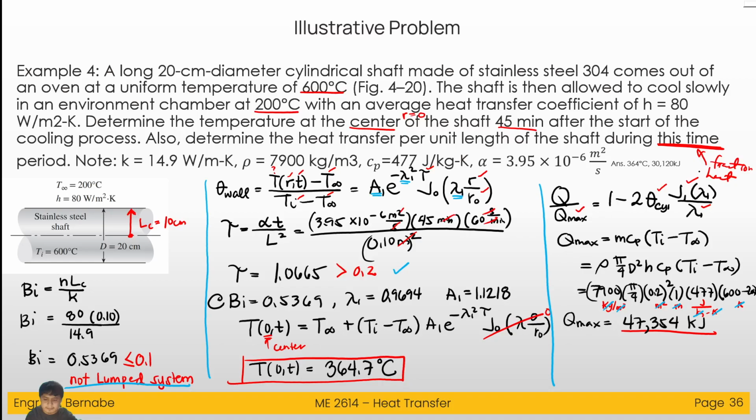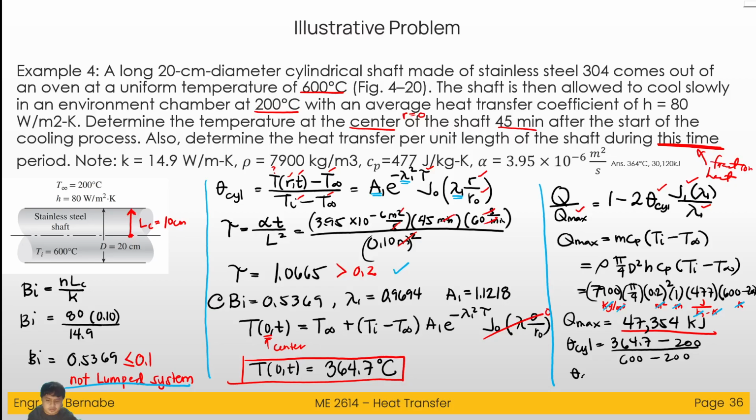And then for this one, we need to solve for the theta. So for the theta, we can just use this one. Sorry, it is not the wall. It is a cylinder. So this will be the theta of the cylinder, which is 364.7 minus 200 over 600 minus 200.